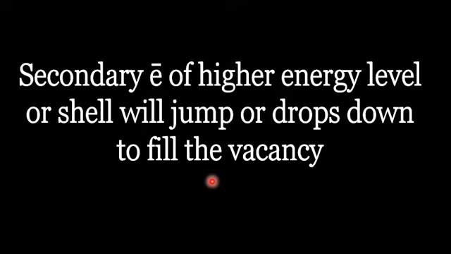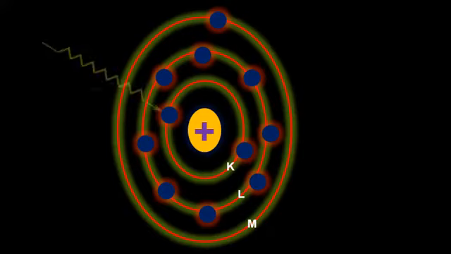So this ejected electron creates a vacancy in the core K shell. The secondary electron present at a higher energy level, like the L shell, will jump into the core energy level to fill the vacancy and make the structure stable. This will be represented like this.